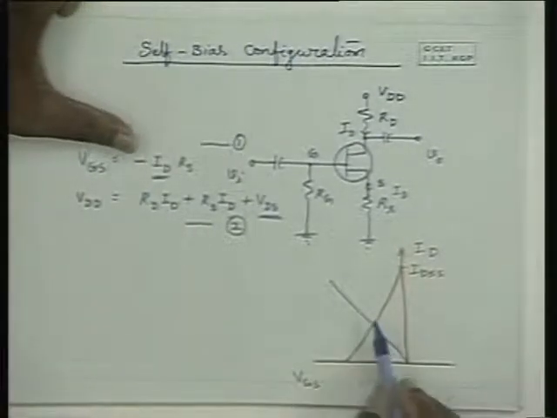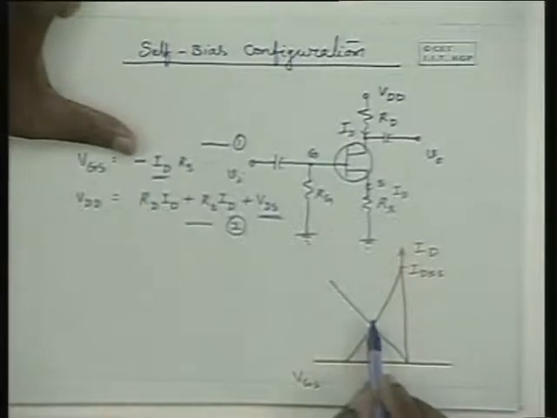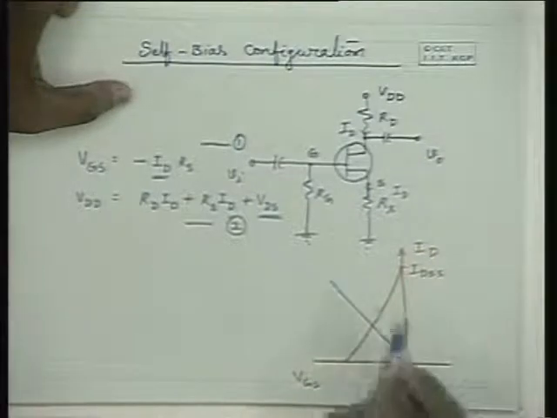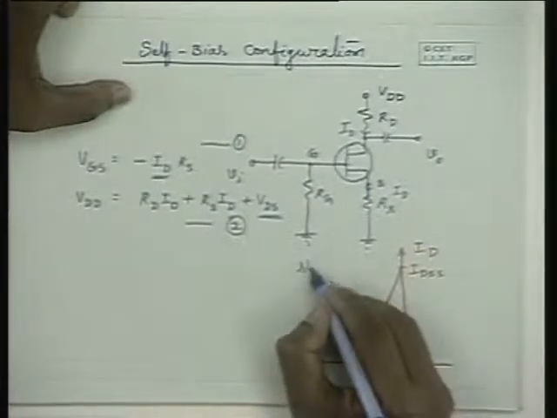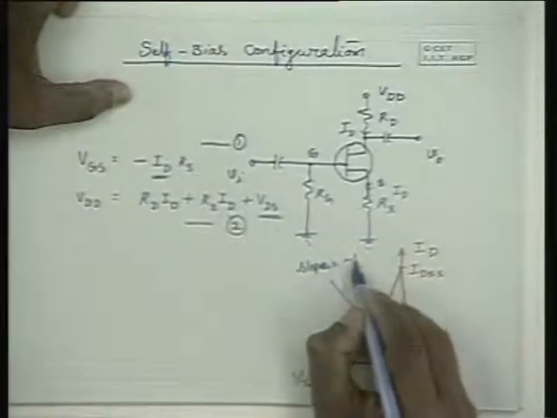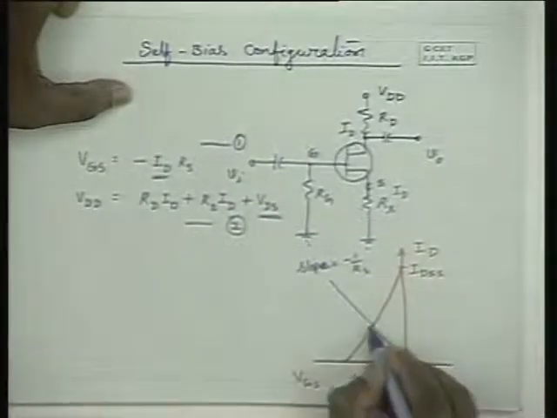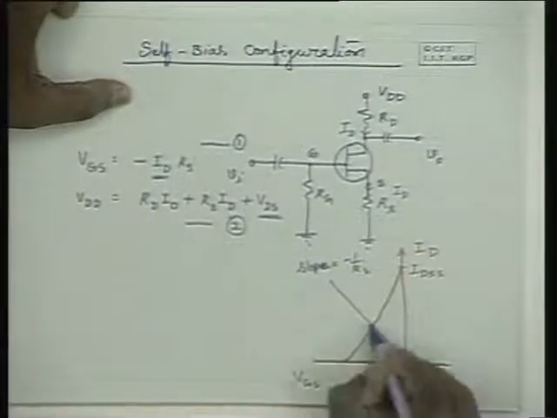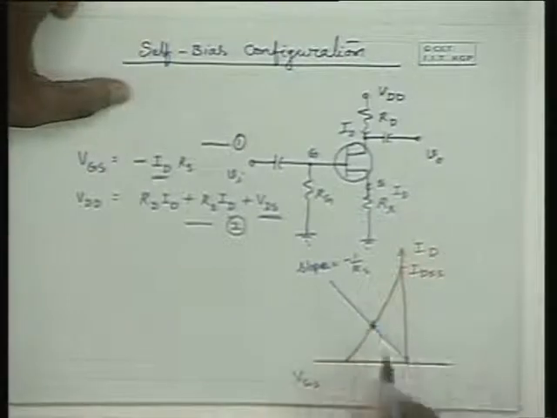With the slope of the equation being minus 1 by Rs. Once Rs is given, we can draw a line with that slope, and this is the operating point.